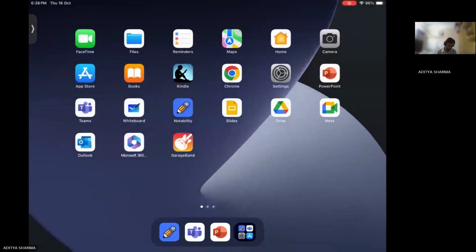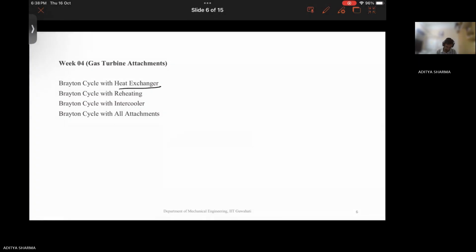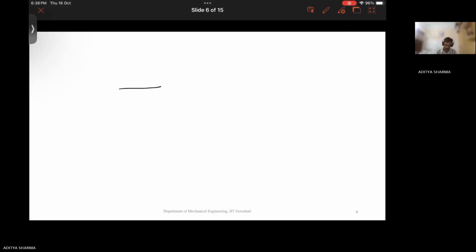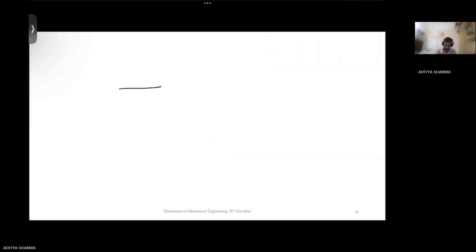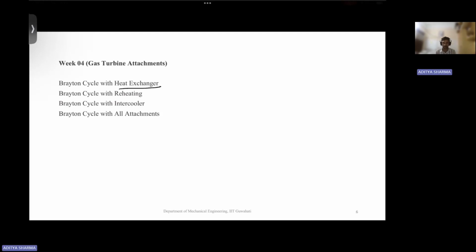Then we move on to week 4. In week 4, Brayton cycle with attachments. In week 2 we saw the gas turbine attachments, and now in week 4 we will see these attachments with Brayton cycle.